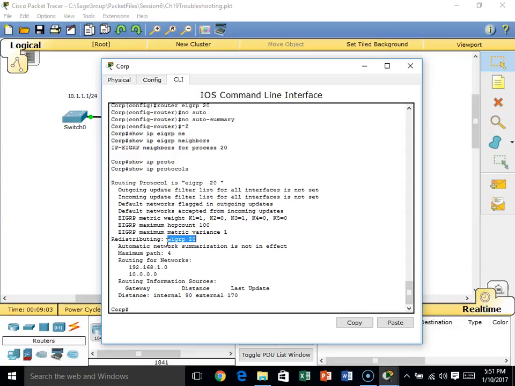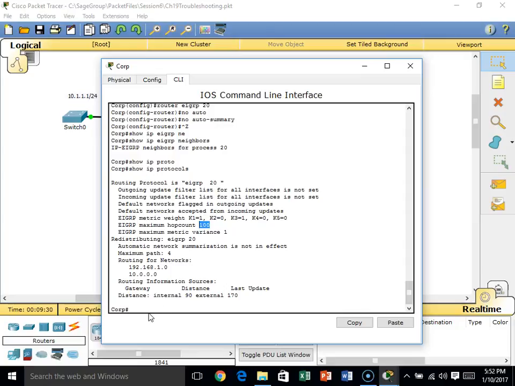So it's doing that already. Maximum metric, the variance is 1, which is the default, which means that it's only going to do balanced multi-path, and the hop count is 100. So this looks like pretty much the standard configuration in this one.